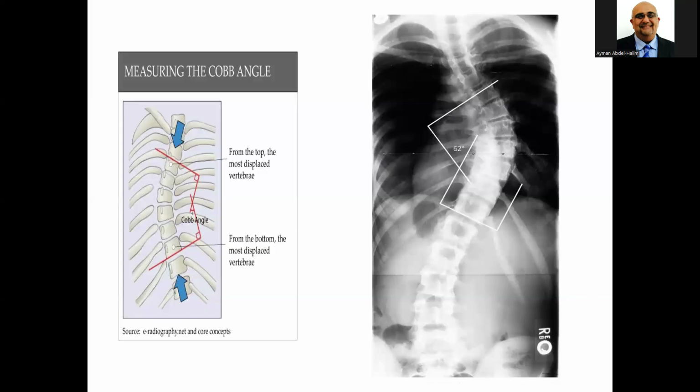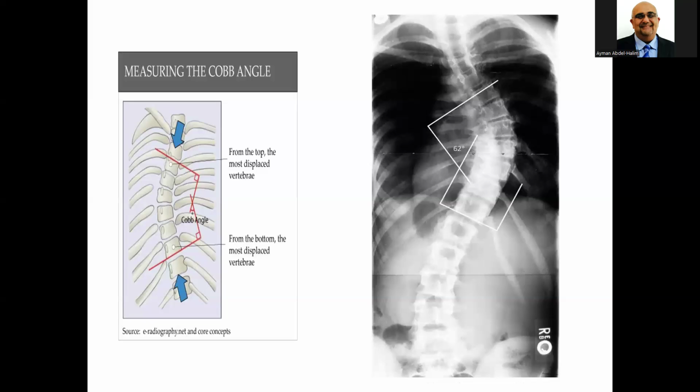According to the Cobb angle, the management will be either just physiotherapy or a brace, or if it's a larger Cobb angle, above 45 degrees, you need to have surgical intervention, which is a major surgery, by the way, scoliosis repair.